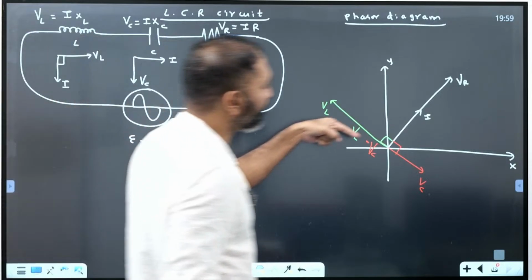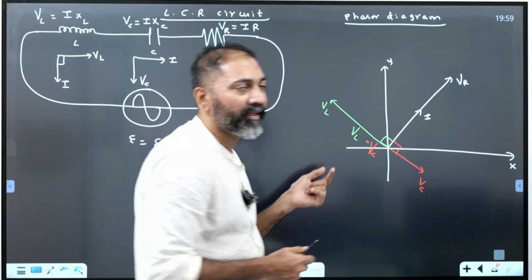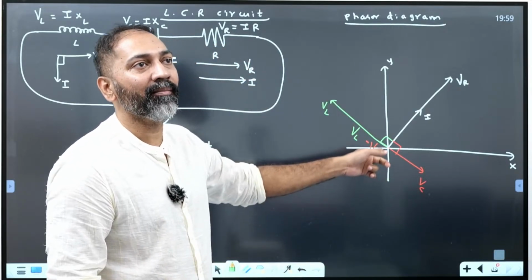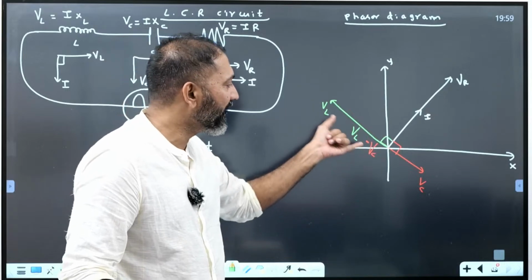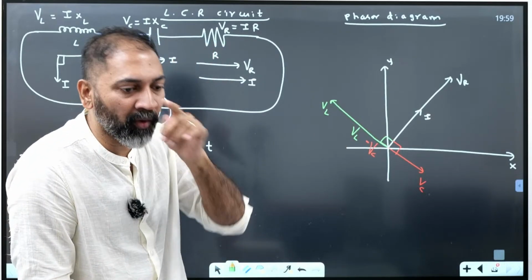If this side is plus VC, this side is minus VC. There is already VL, and VC is opposing VL because it is minus VC. So what is the in-effect voltage? VL minus VC. I hope all of you got that point.